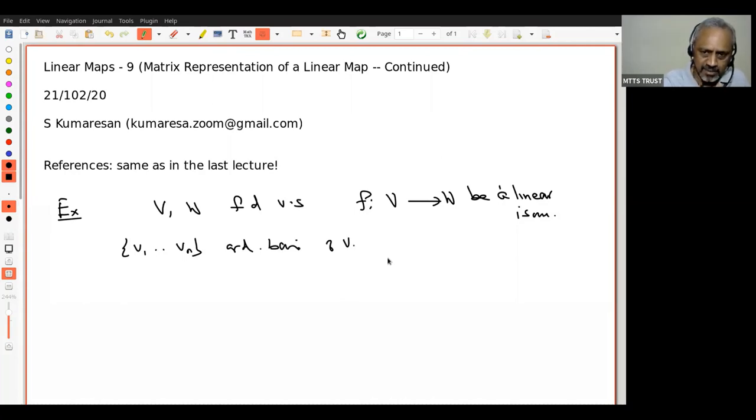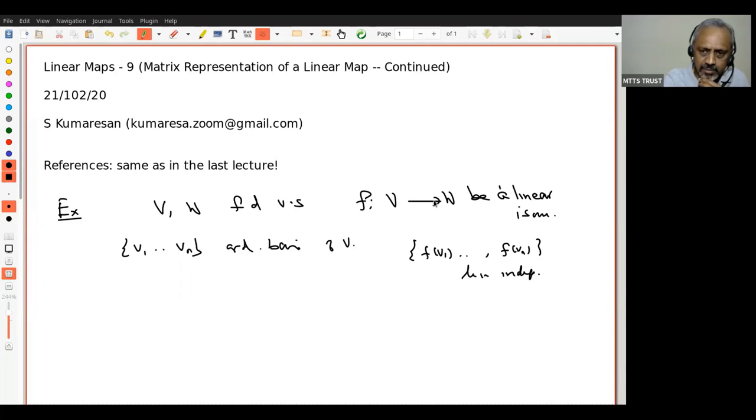smarter. Remember, if it's a linear isomorphism, then it's a 1-1 linear map. We'll look at the set F(V1) to F(Vn). This will be linearly independent, right? But since it's a linear isomorphism, the dimension of V and the dimension of W are the same.